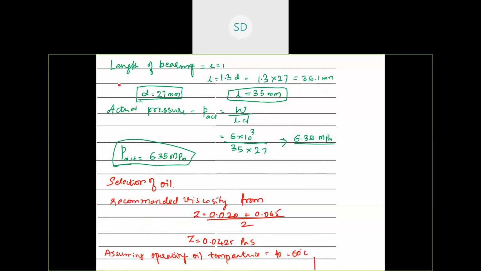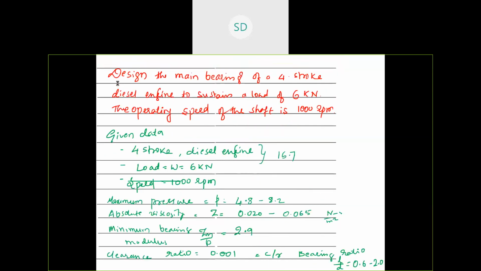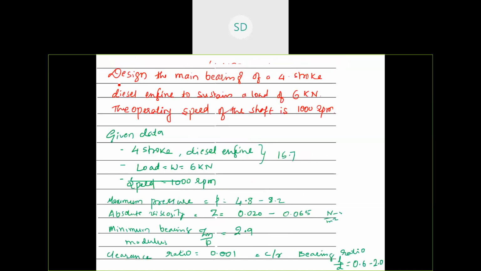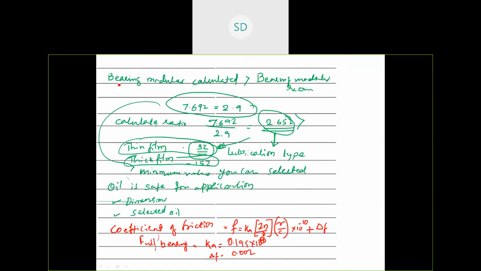The next step is dissipation. So for heat dissipation, you need to find out the vapor temperature, then the ambient temperature you can assume. Heat dissipation and power loss. Okay, so next heat dissipation.